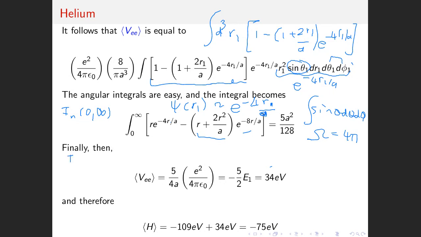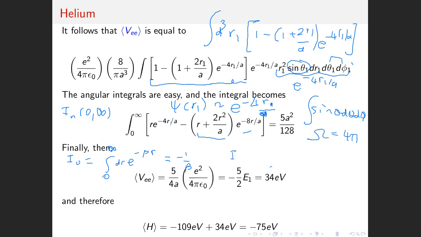So if you look at I0, it's just the integral dr e to the minus beta r, r to the 0, from 0 to infinity. This just gives you minus 1 over beta.